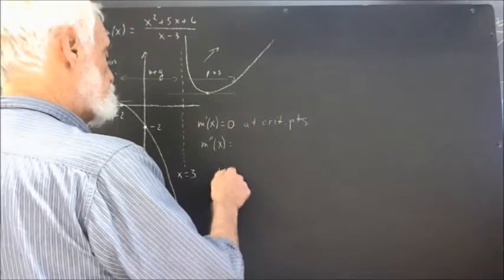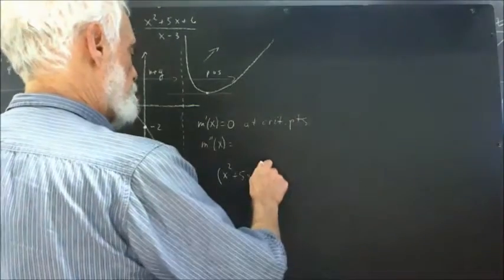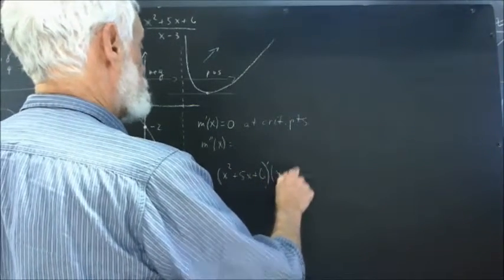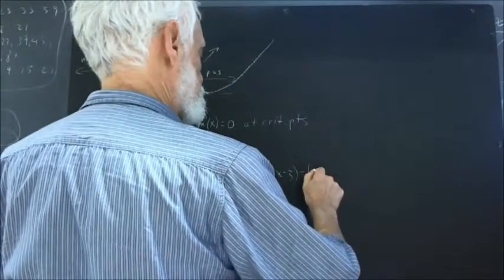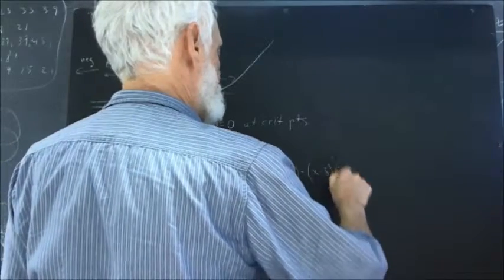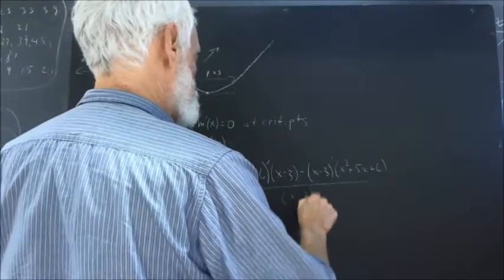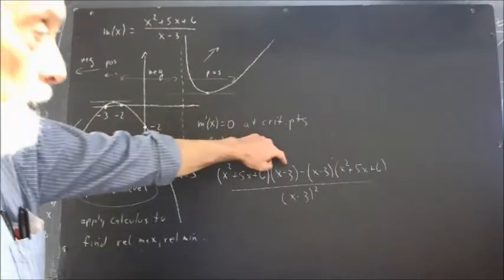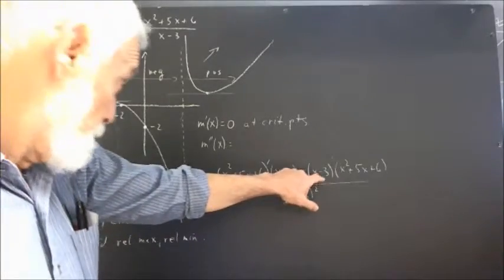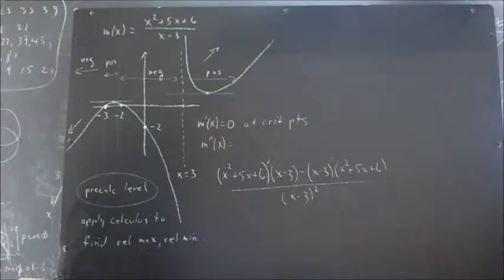Writing it out in some detail: derivative of the numerator times the denominator minus the derivative of the denominator times the numerator, divided by the square of the denominator.